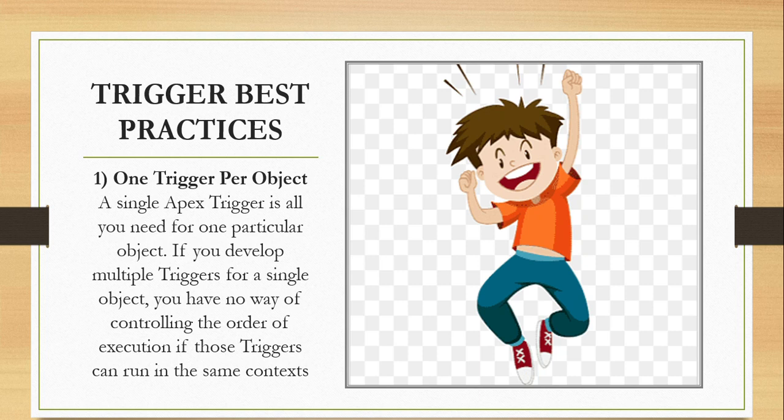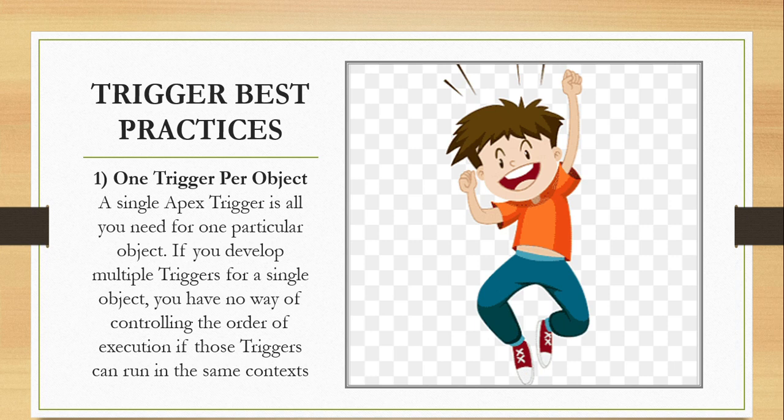What are the trigger best practices? One trigger per object, as a single Apex trigger is all you need for one particular object. If you develop multiple triggers for a single object, you have no way of controlling the order of execution. Let's say you have written one trigger for the Account object and another scenario comes up: you do not write another trigger for that account.